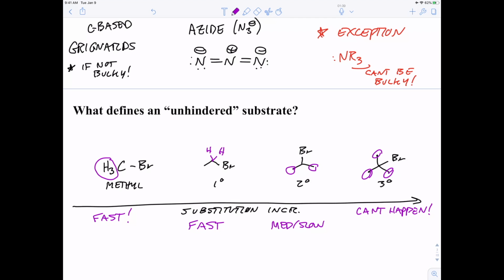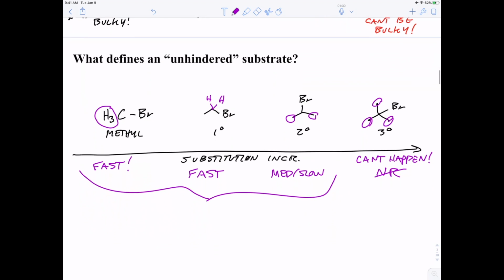We will not see SN2 happen at a tertiary center. So as I like to write, there's no reaction possible for that. So if you are looking at a tertiary substrate, you want to consider one of the other types of reactivity that we'll talk about in this unit. But SN2 is really only going to happen in this window.